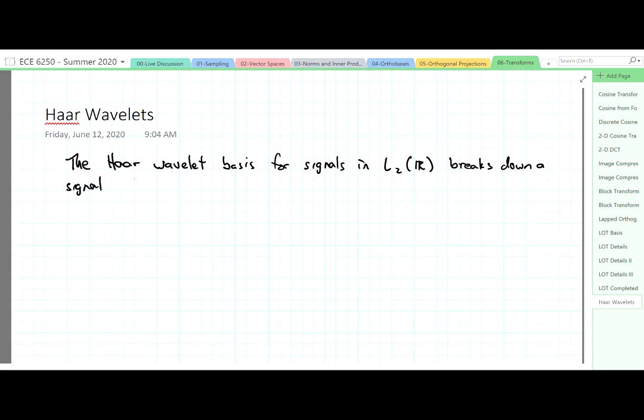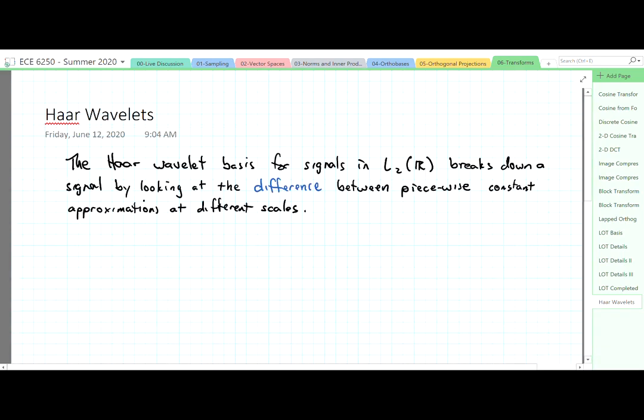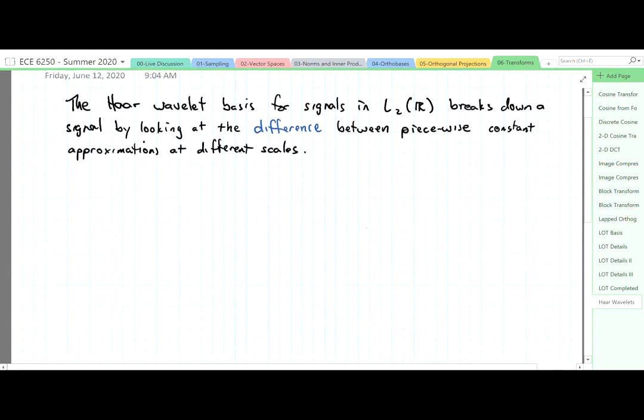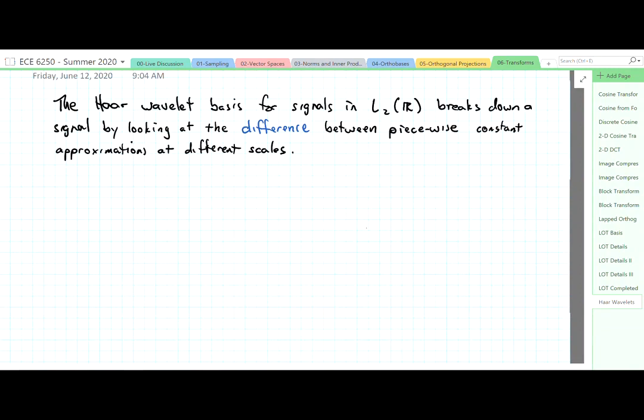So we'll look at an example in just a moment, but first a little bit of notation.